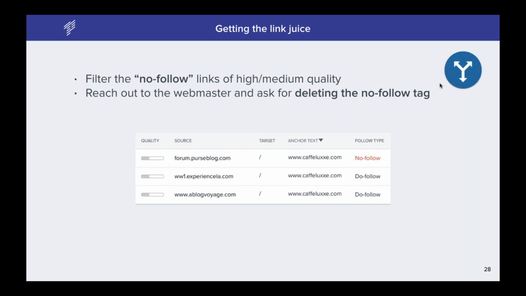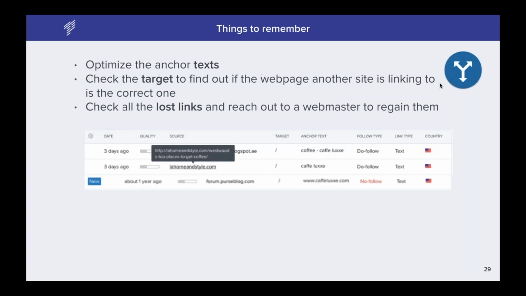If this doesn't work, you can also use the Google disavow tool, and in such a way get rid of all those links, to make sure that the search engine crawlers do not see them and do not regard them as part of your backlinks profile.